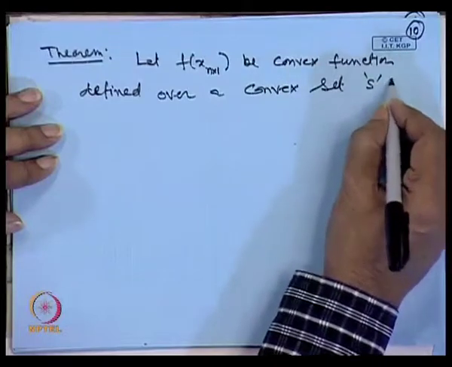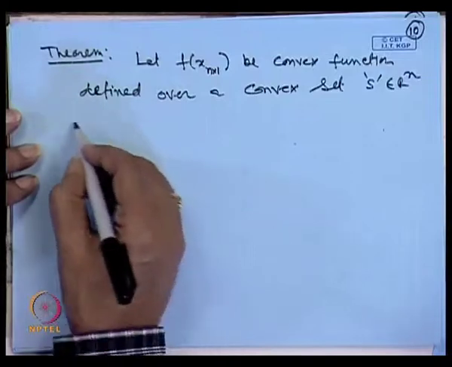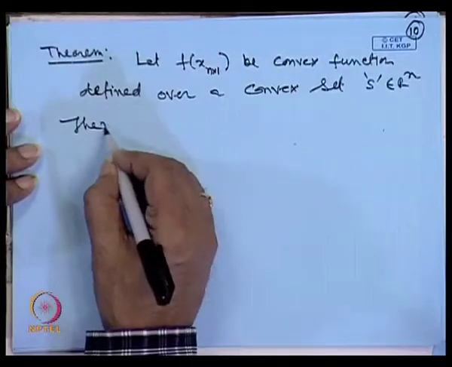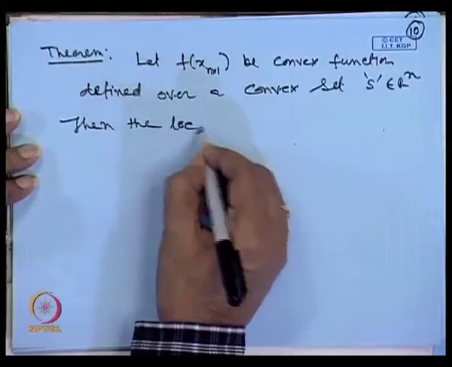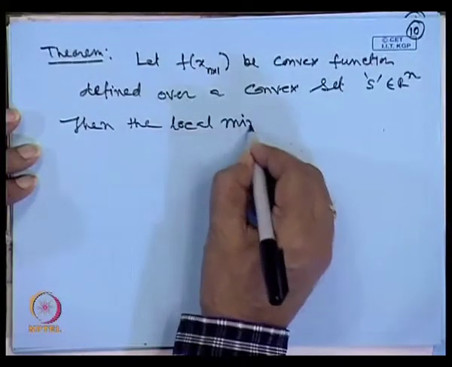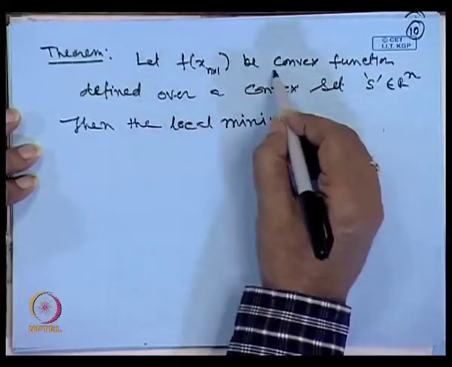S belongs to R^n, the n dimensional case. Then the local minimum is the global minimum, provided the function is a convex function.